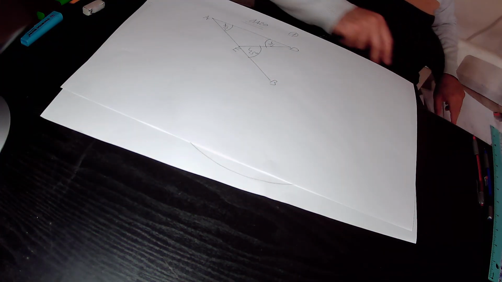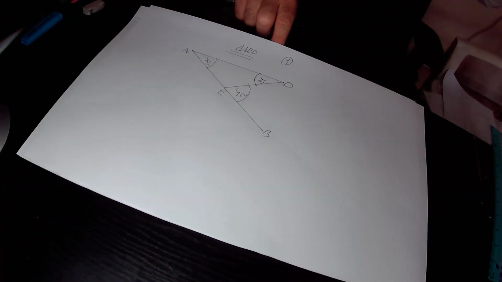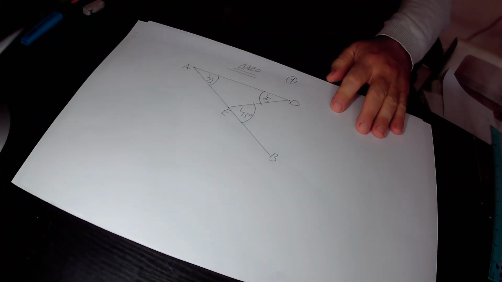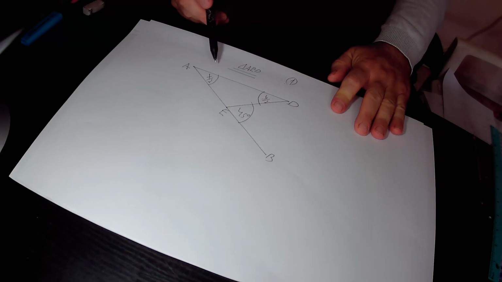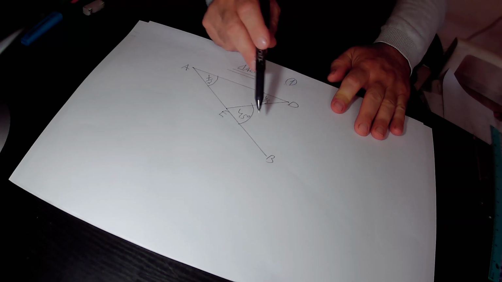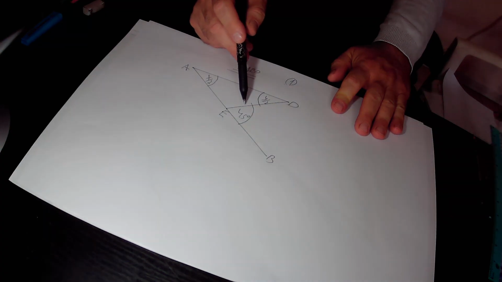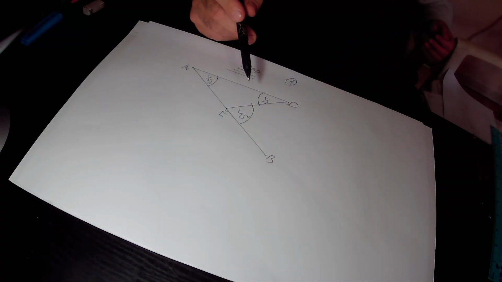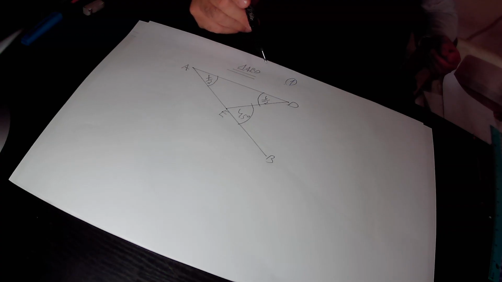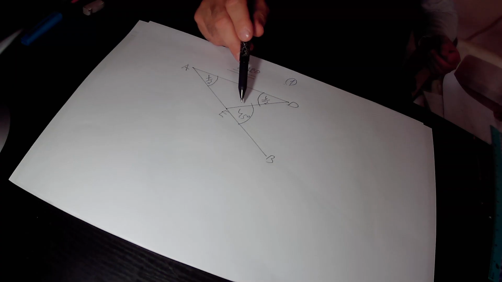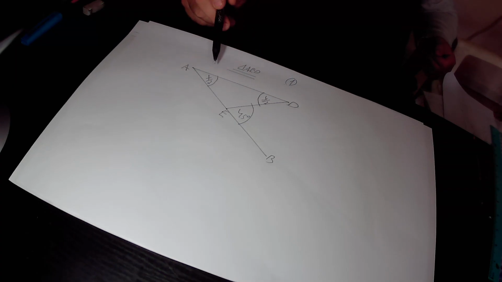Why? Because in our drawing we have this triangle ADE, and this is angle DEB. This angle DEB equals 45 degrees in its size. And the two interior angles that are not adjacent to this angle DEB are x over 2 and y over 2.